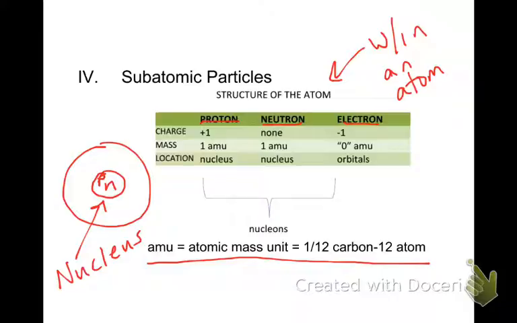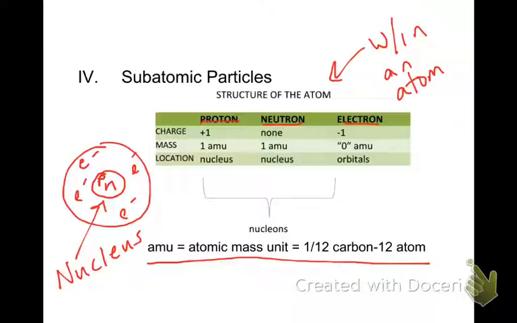Outside of that nucleus, which we will get to, are electrons. So protons have a charge of +1, they have a mass of 1 AMU, and they're located in the nucleus. Neutrons are neutral, mass of 1 AMU, and again they're located in the nucleus.